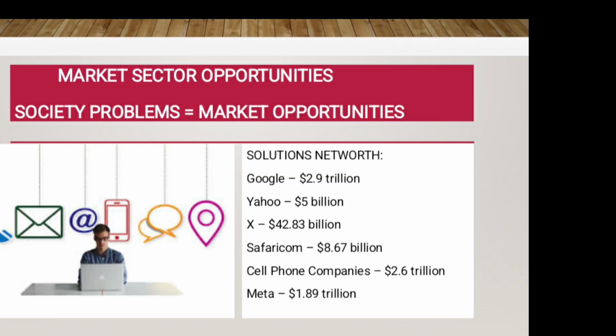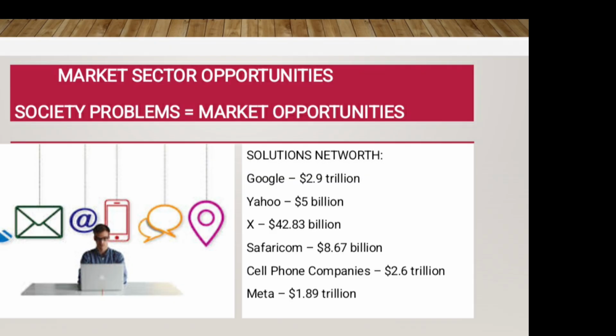And some of the companies which brought an innovation which solved the problems which the letter was posing to society, or society was facing because of the letter, are listed as below. Google, which today is 2.9 trillion USD. Yahoo today, the net worth is 5 billion.